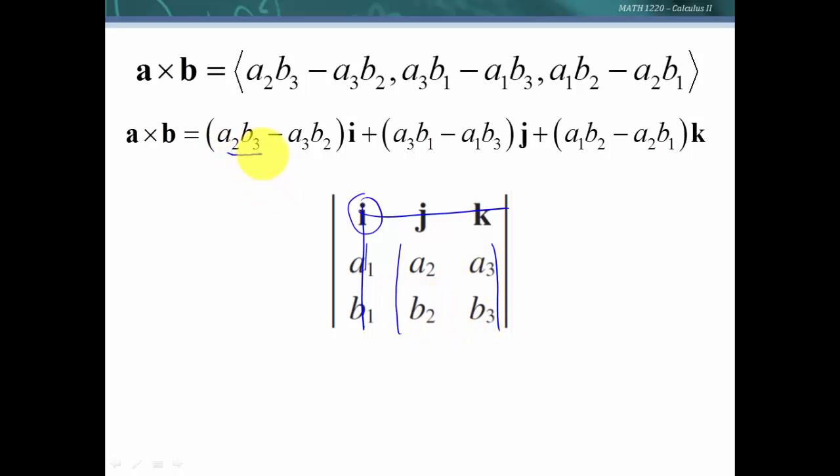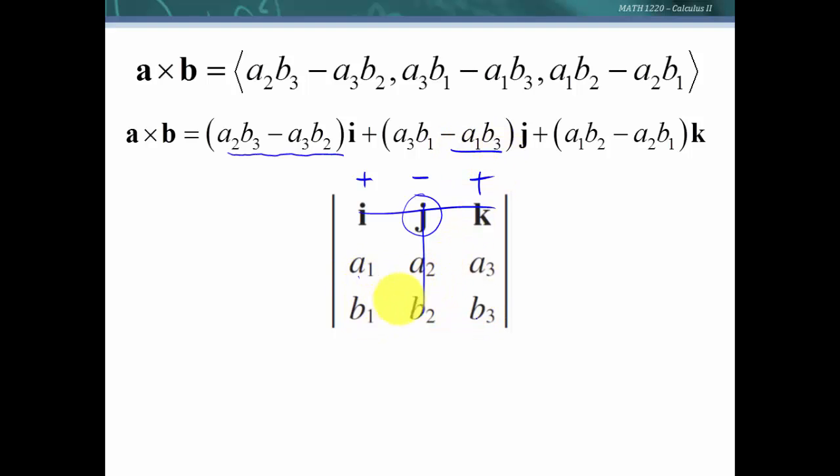Oh, look at this, A2B3 minus A3B2. Then if we moved over to the second element, remember at the second element this was a plus and this was a minus, this was a plus, so we would need to do the negative of this, but if we cross off J's row and column, we have A1B3, but with the negative on it, minus A3B1, but the negative and negative make it positive, so there it is.